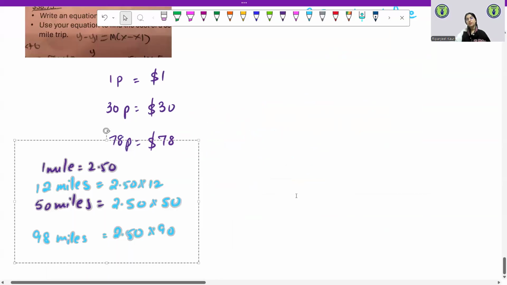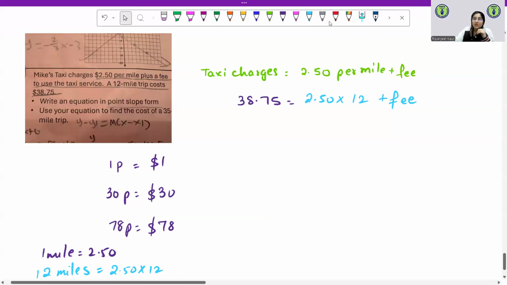So over here, what do you think is the fixed fee then? How can we calculate the fixed fee?